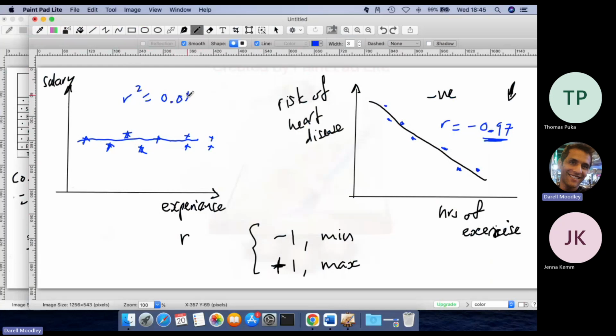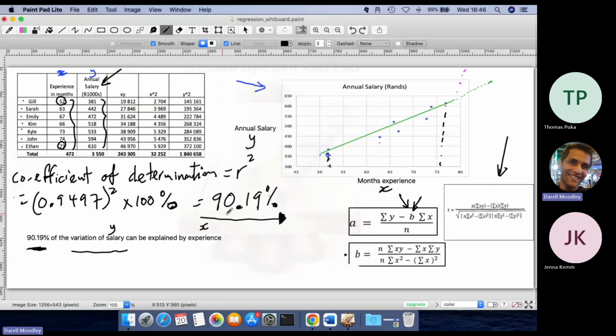I'm making up a number, just to give you an idea of what a low R squared means. It means salary doesn't really vary a lot by experience, so almost no variation of salary can be explained by experience. But in our example the R squared is quite high, so over 90% of the variation of salary can be explained by experience.